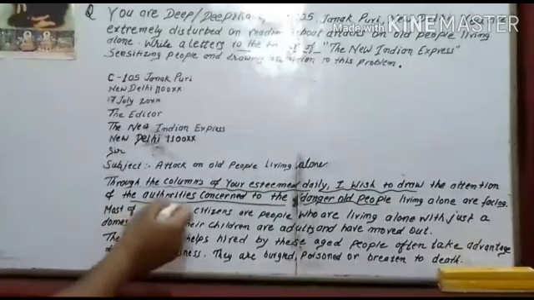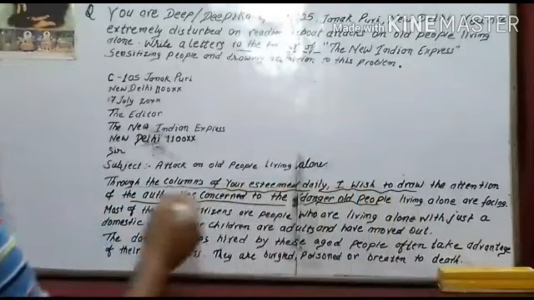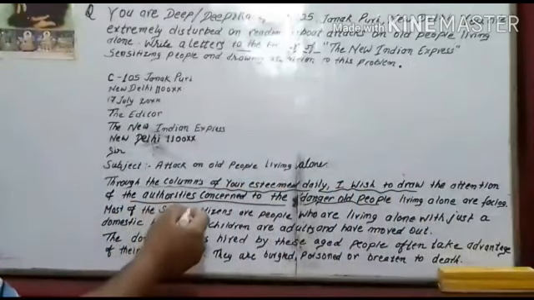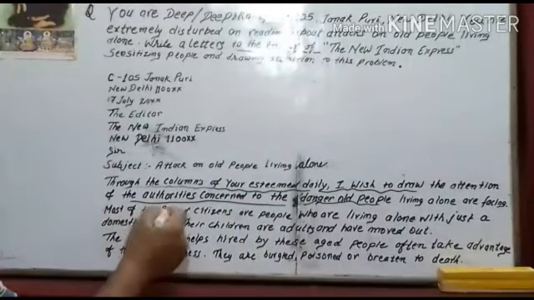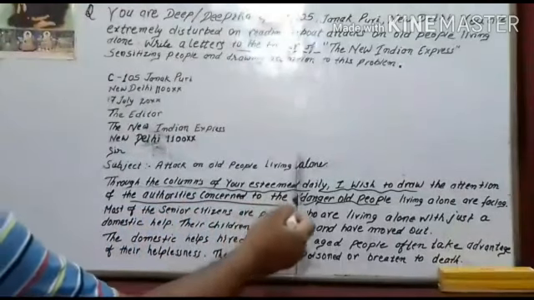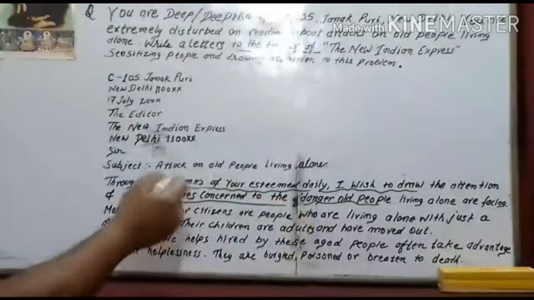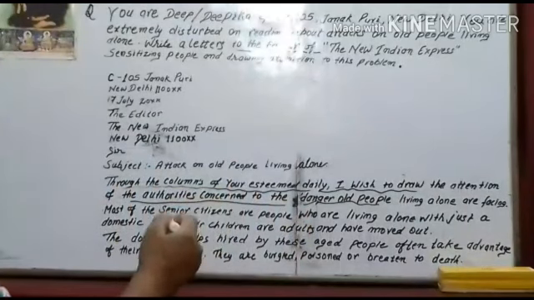Most of the senior citizens are people who are living alone with just a domestic help. So from "Most of the senior citizens", you can start the second paragraph. The first paragraph could be 1 or 2 or 3 lines that would include your introduction and the general line, through the columns of your esteemed daily.